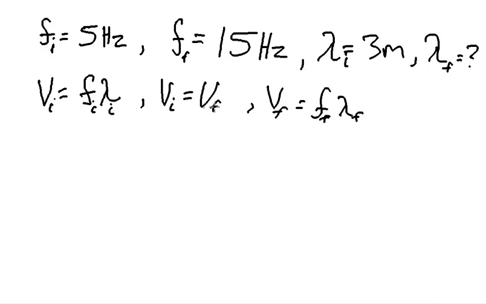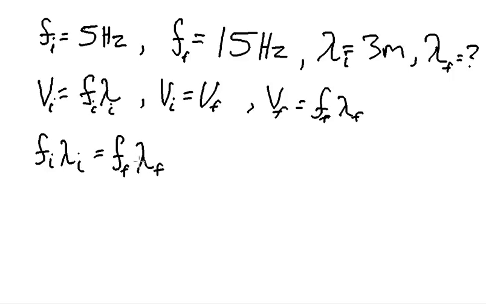So since we know that these two are equal to each other, then we can eliminate them and set these two equal to each other. So the initial frequency multiplied by the initial wavelength has to be equal to the final frequency multiplied by the final wavelength.